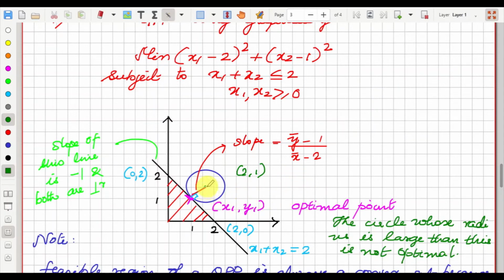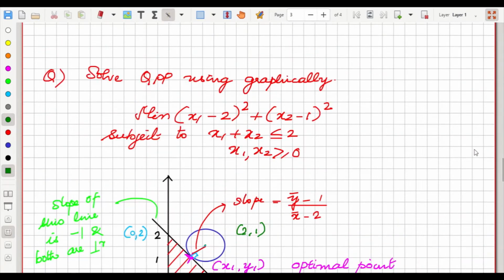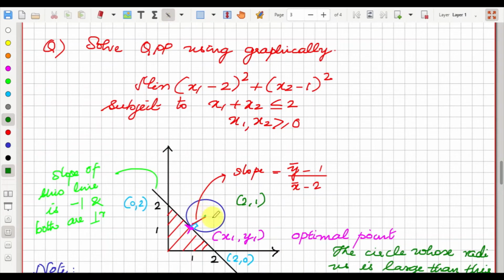It is the center of this circle. This magenta point is our optimal point. How will you find the optimal point? We know the center and radius of this circle, that is (x1 minus r) the whole square plus (x2 minus r) the whole square. That is, we got 2, 1.